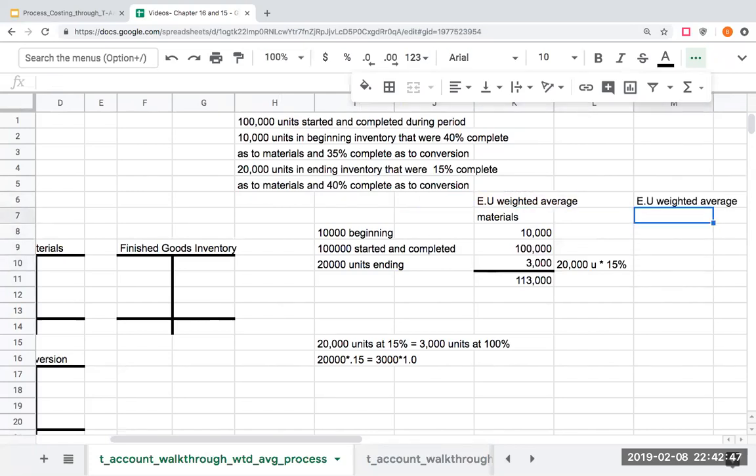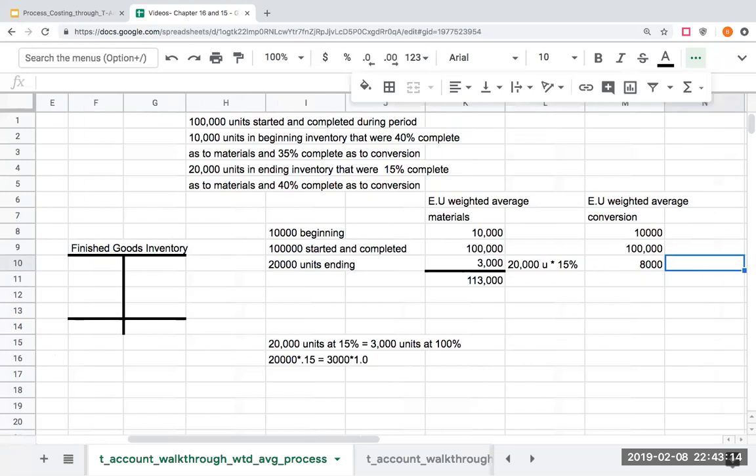Now, when I'm doing this for conversion, which again is essentially for direct labor and also for factory overhead, here it's at 10,000. Here my 100,000 units started and completed, that's going to be the same. But in this case right here, this was 40% complete. So here this is going to be 20,000 times 40%, or 8,000. 20,000 units times 40% complete.